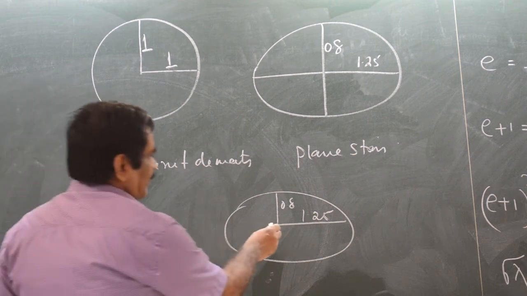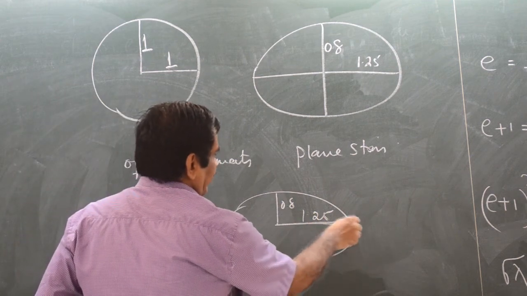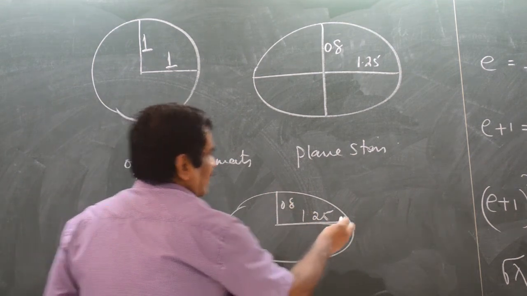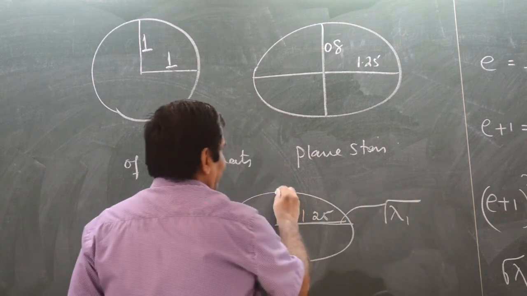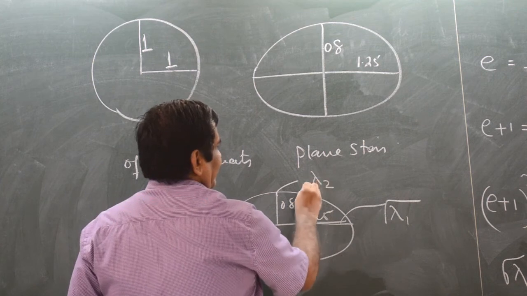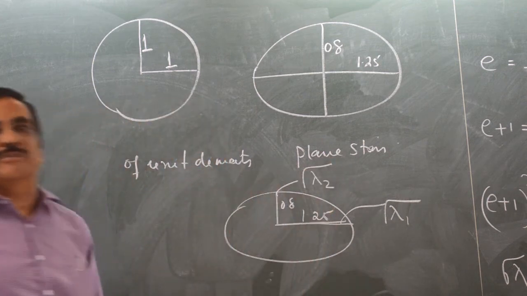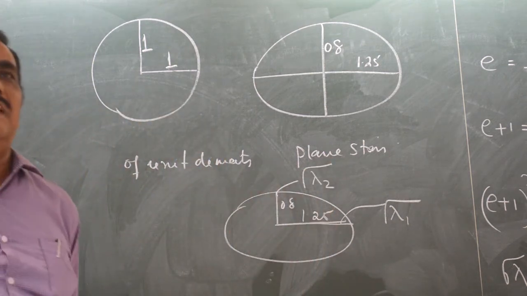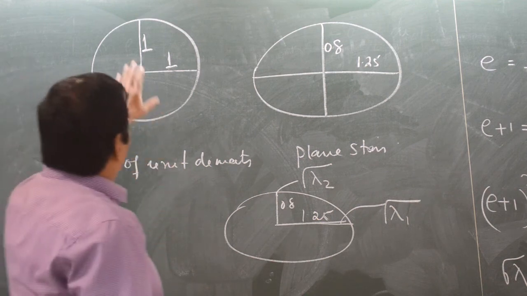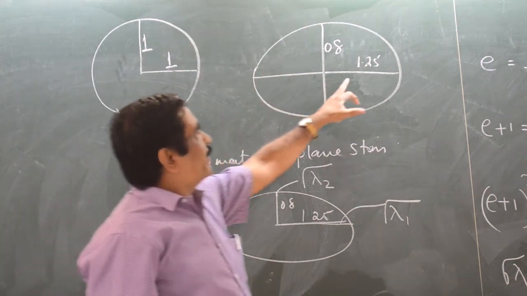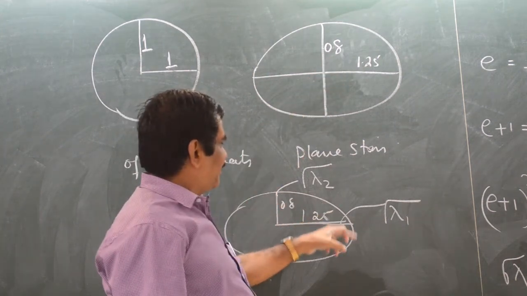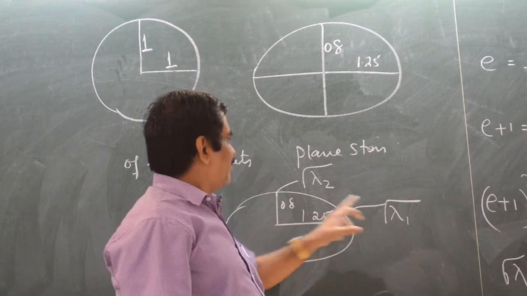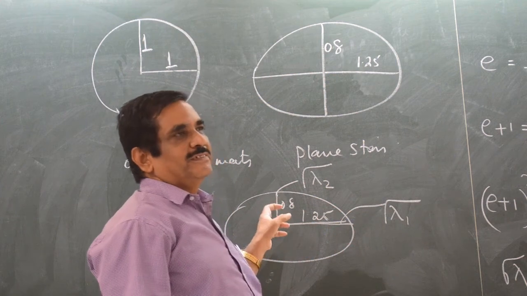Now this dimension and these two dimensions can be represented as, look sir, first they were 1, this became 1.25, this became 0.8. So this can be represented by root lambda 1 and root lambda 2.